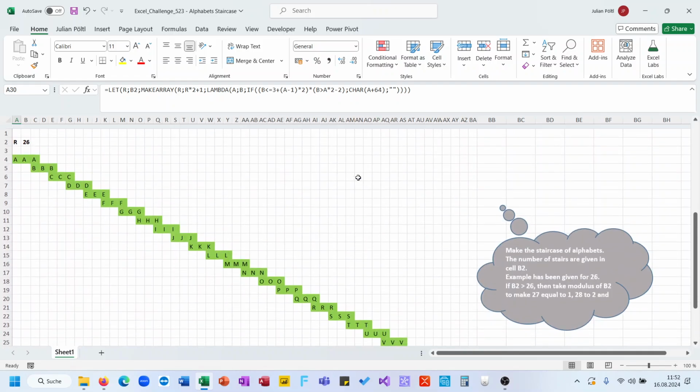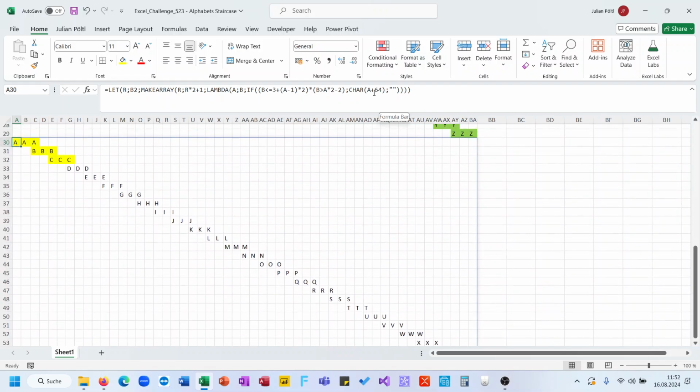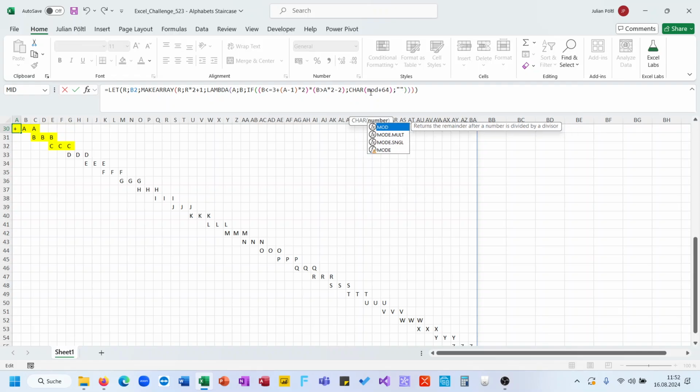Now we need to pay attention to the rule if B is larger than 26. So we take MOD of A with divider 26.